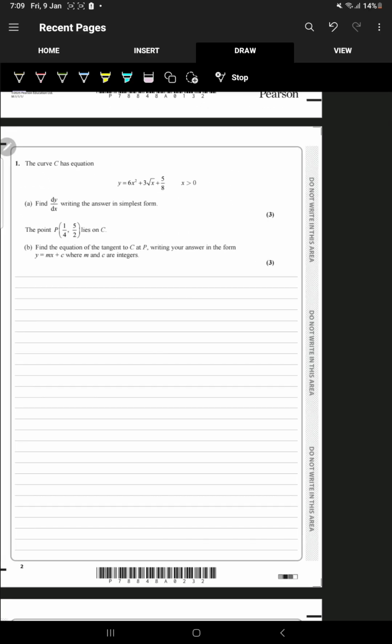Now curve C has this equation, find dy over dx. Well, that is going to be y is equal to 6x squared. Now we can't find dy by dx by having a root there, so root x is going to be x to the power of half. You need to use the laws of indices there.